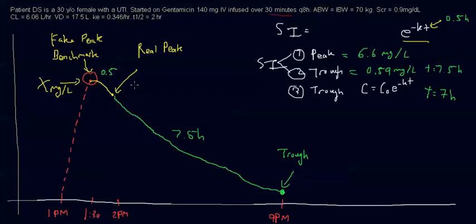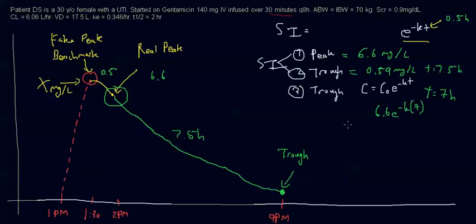We can't use the fake peak benchmark in this third scenario because we don't really know its value, so we can't set C0 as a value. It's unknown, so we change it from the fake peak to the real peak. We already have the real peak calculated, which is 6.6, measured at 2 p.m. How long does it take to get from 2 p.m. to 9 p.m.? That is 7 hours.